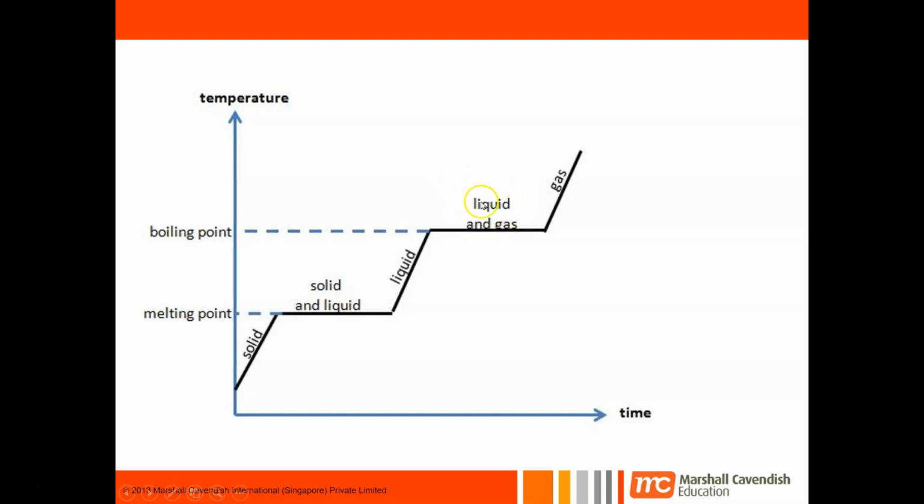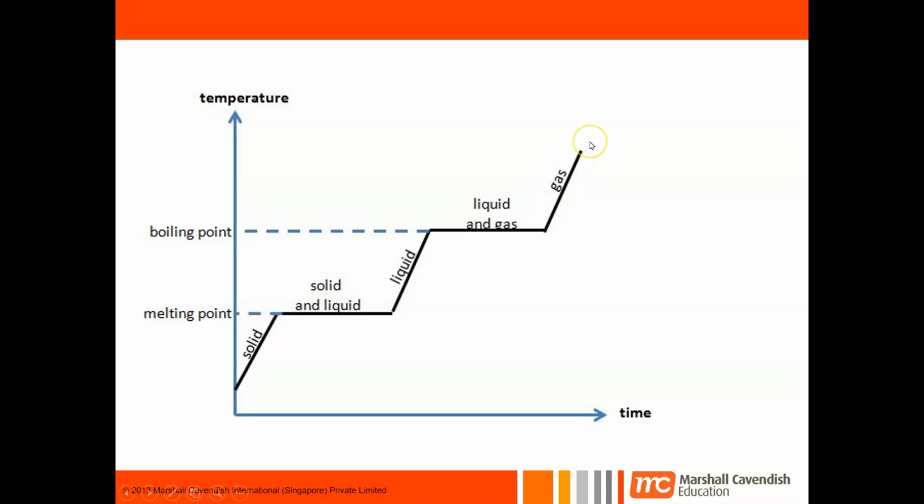So the heat energy is just being used to break the bonds. It's not used to increase the temperature. The energy is now used to break the bonds in the liquid such that it will become a gas. Only after all the bonds have been broken, then it has completely become a gas, then the temperature would start to increase again.